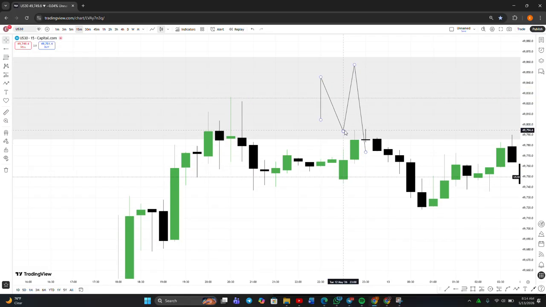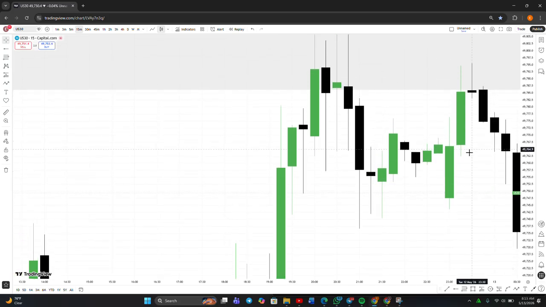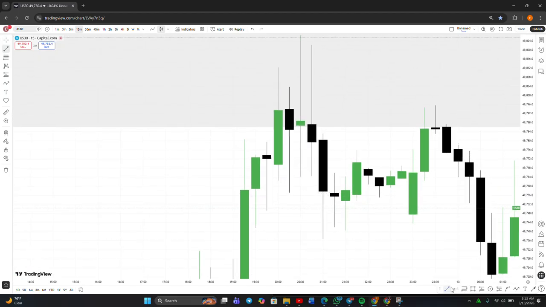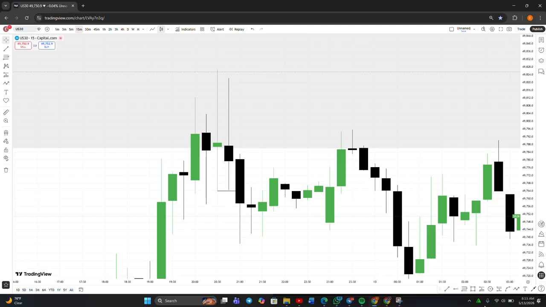So now, where is price breaking this structure? Remember that I don't just want any break of structure. I want a break of structure with a full body candle as well. So this is breaking the structure right here. And then where is my entry going to be?